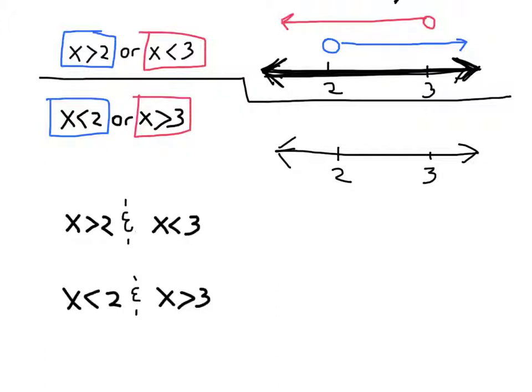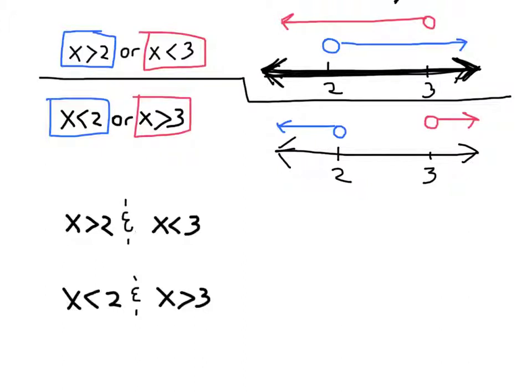So we'll do that open circle above 2. And since x is everything less than 2, it's going to go that way. And then we're going to do an open circle above 3. And since x is greater than 3, it's going to be everything going that way.